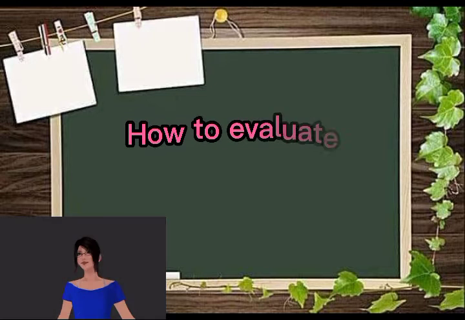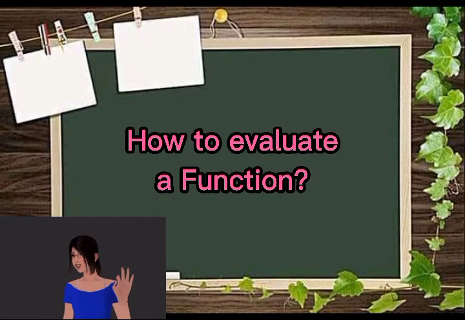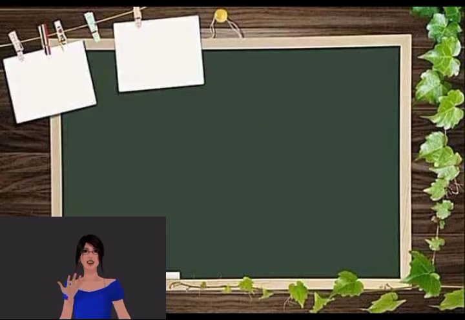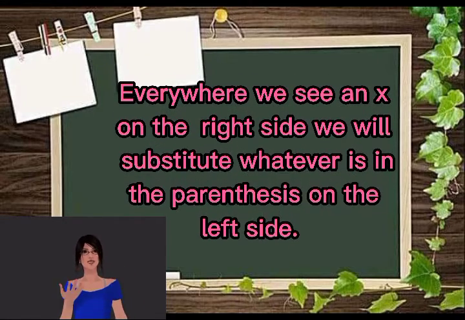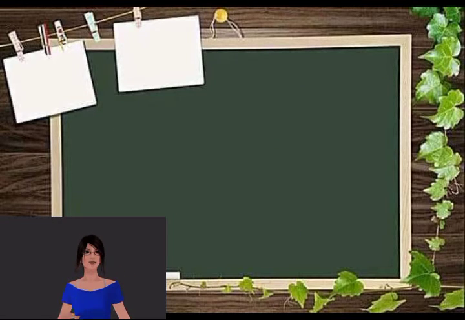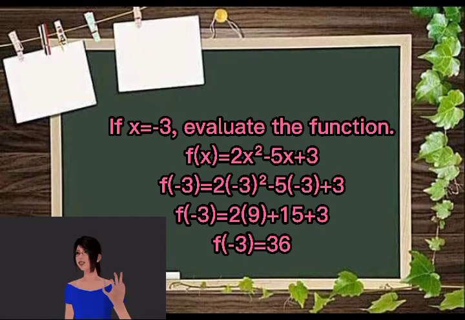Now, how do we actually evaluate the function? That's really simple. Everywhere we see an x on the right side, we will substitute whatever is in the parentheses on the left side. For our function, this gives f of x is equal to 2x squared minus 5x plus 3.